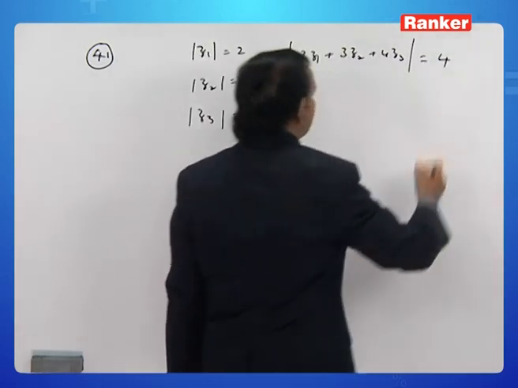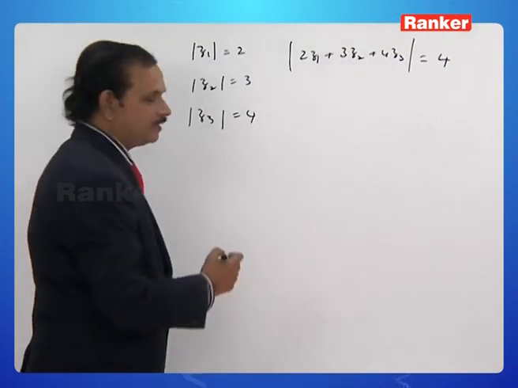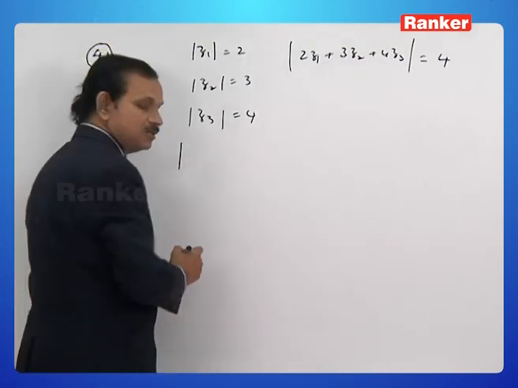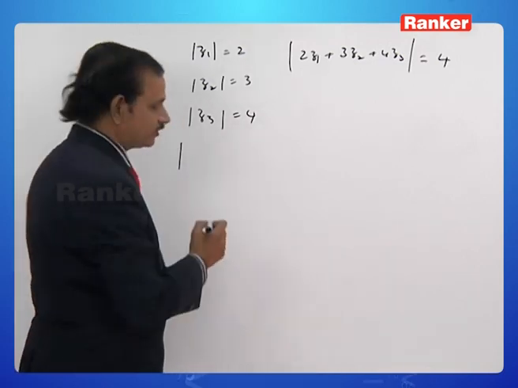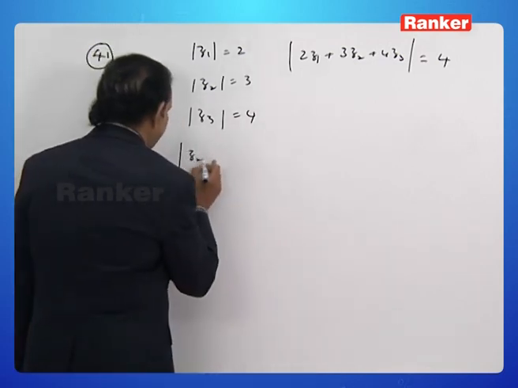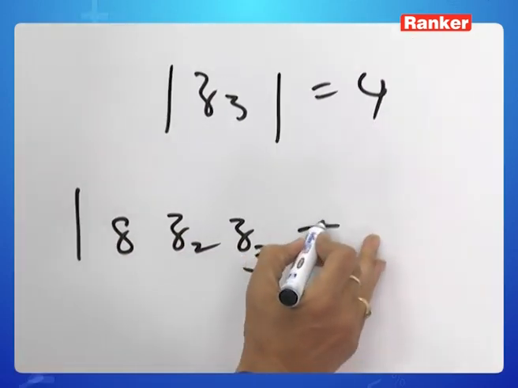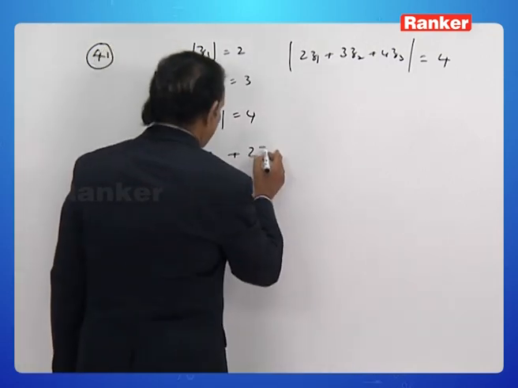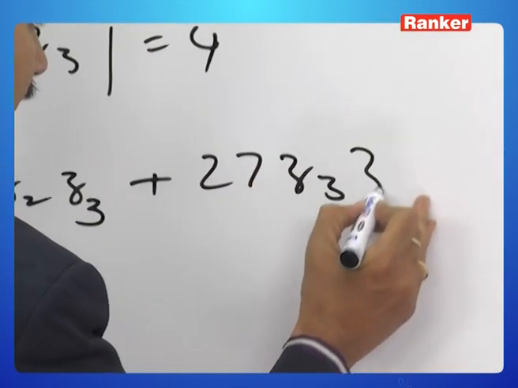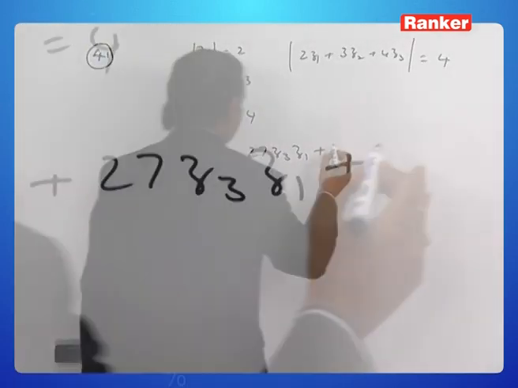What do you require? What do you want to calculate? The absolute value of, that is modulus of 8 Z2 Z3 plus 27 Z3 Z1 plus 64 Z1 Z2.